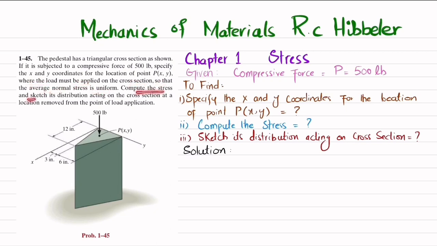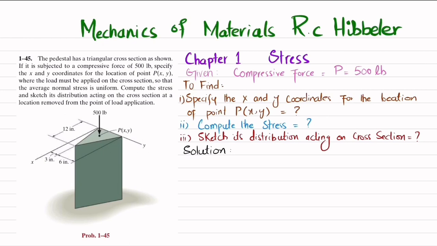Compute the stress and sketch its distribution acting on the cross section at a location removed from the point of load application. So you can see this is a triangular pedestal where this point P having coordinate x, y, and a load of 500 pound is applied, that is compressive. So you have to find the location of this x and y coordinate where this load is applied, and then you have to find the stress and its distribution.